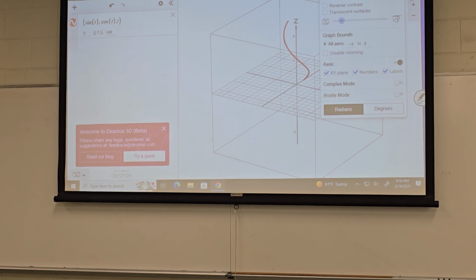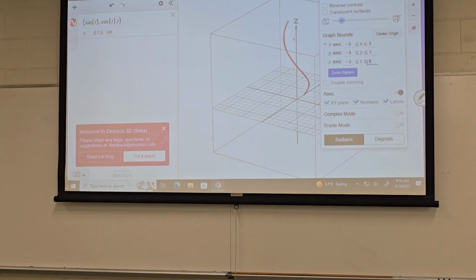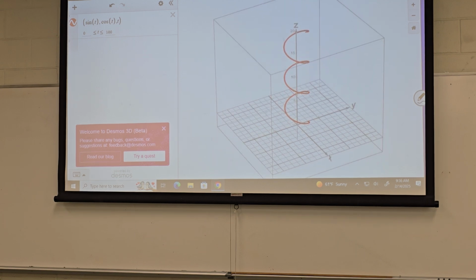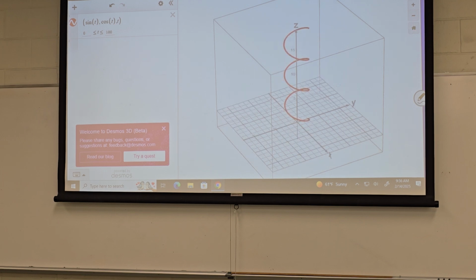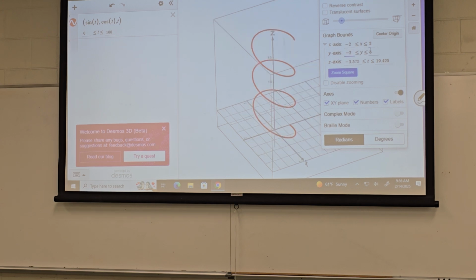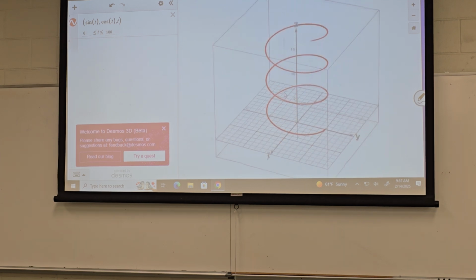And I'm going to scrunch this down a little bit. So I have my space curve.